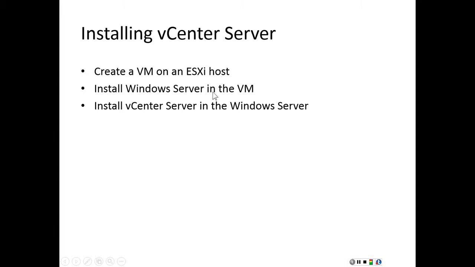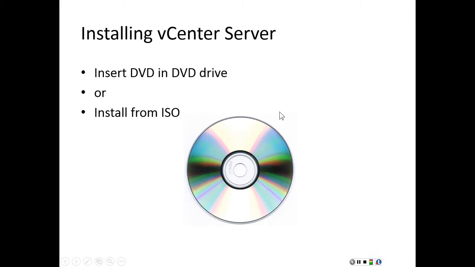We install Windows Server in the virtual machine and install, of course, VMware Tools, and then we install vCenter Server in the Windows Server. We've already talked about how to create a virtual machine and how to install Windows Server. So really in this section we're just going to concern ourselves with installing vCenter Server on the Windows Server, which is running on a virtual machine.